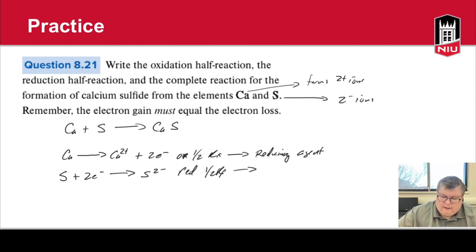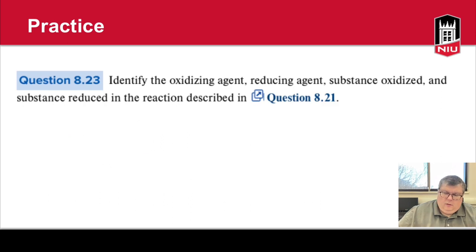And sulfur got reduced, so this is the oxidizing agent. They're just the opposite of each other. So, identifying the oxidizing agent, reducing agent, the substance oxidized and the substance reduced in the reaction described in question 8.21, we just did.